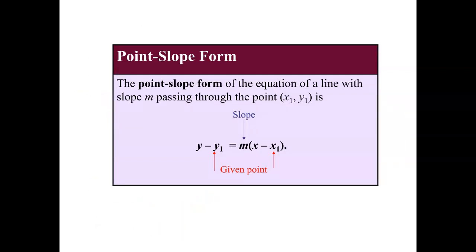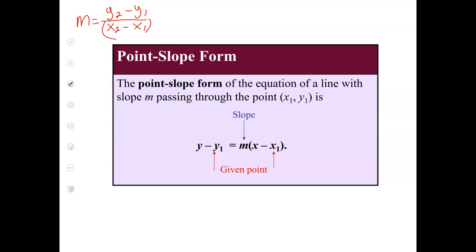Now, yesterday, some of you noticed this equation on the assignment, but may or may not have remembered it. Point-slope form. Okay? Point-slope form actually derives from the formula for slope. Okay? The formula for slope is y2 minus y1 over x2 minus x1. Okay?